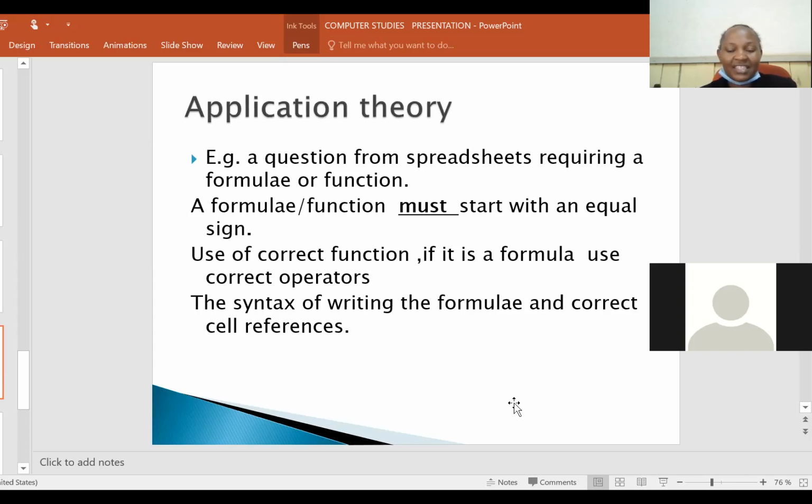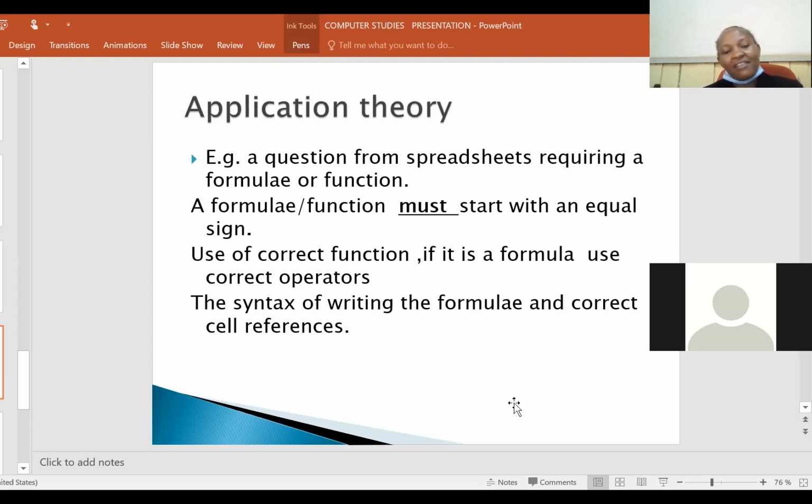So if you are writing a formula or a function, always remember to start with an equal sign. What else should you note when you are required to write a function or a formula in spreadsheets? Use of the correct function name. Don't create your own.